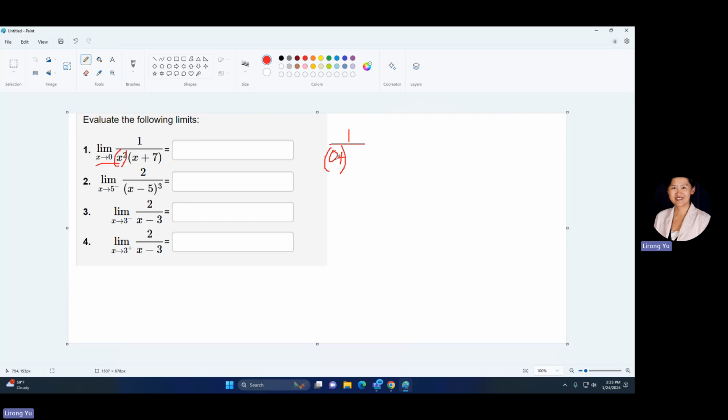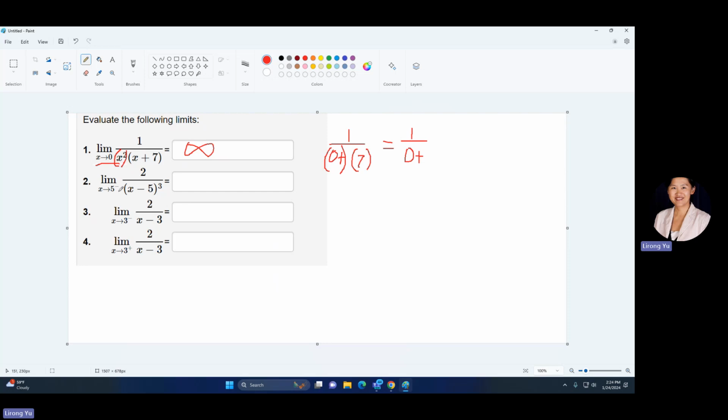So that's more or less a limit notation. And x is approaching 0, so this is really 7. 0 plus 7 is 7. So in the first example, you have a finite numerator, and 7 times 0 is still 0. Any finite number divided by 0 approaching from the positive side. As a consequence, this is a positive infinity.